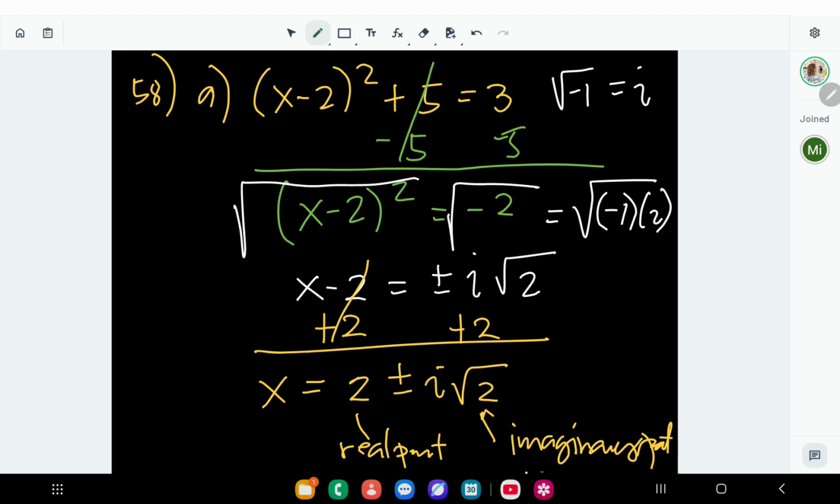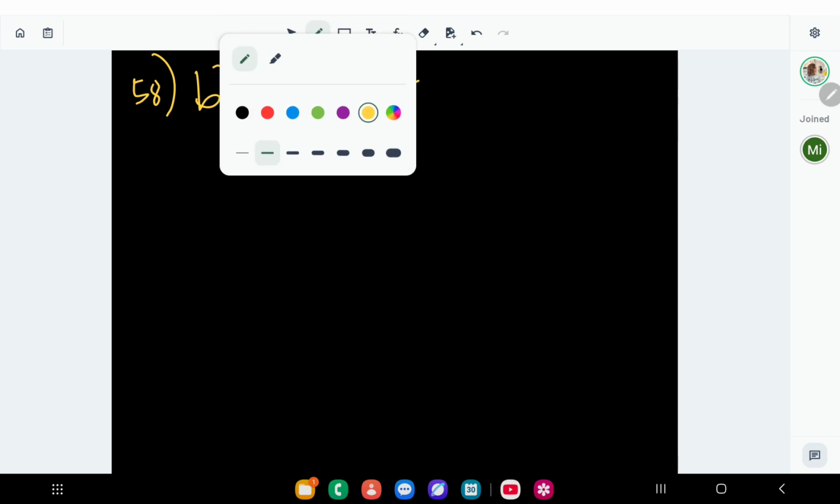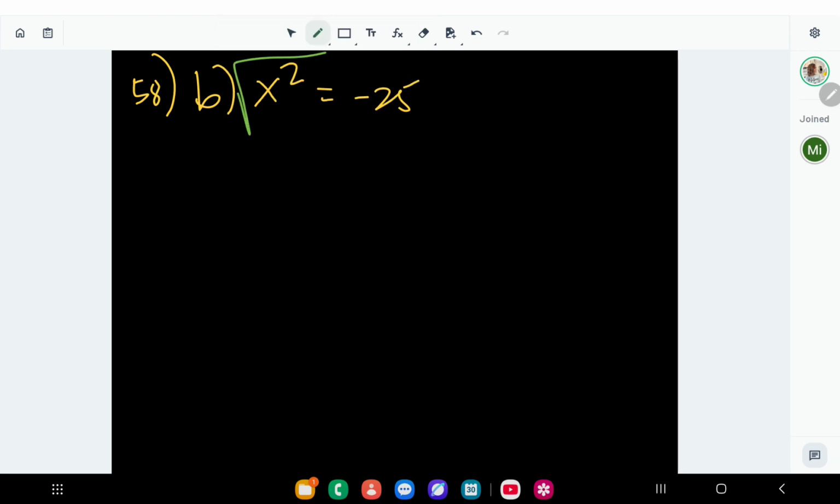Okay, then we move on to letter B of 58. Letter B is x squared equals negative 25. So you just get the square root of both sides.